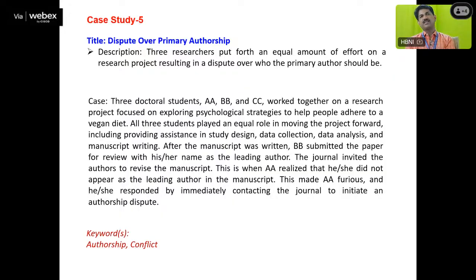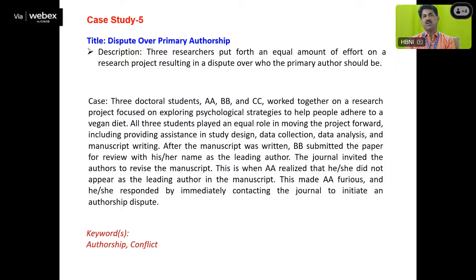This case study is a dispute over primary authorship. This is regarding publication ethics. I told that during publications, the persons who have worked should be given prime importance, and the responsibility and credibility should be shared between all the research personnel.